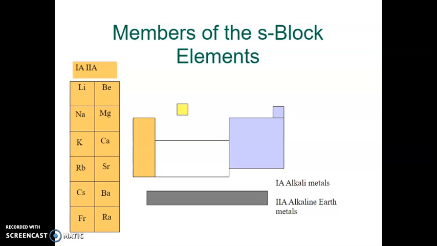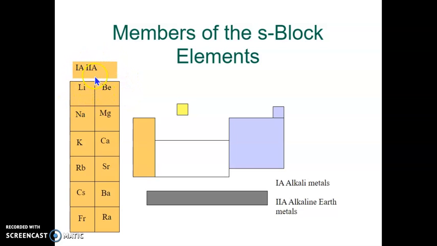The elements of group first A and group second A of the periodic table constitute the S block elements. The positions of these elements lie in the periodic table on the left side.